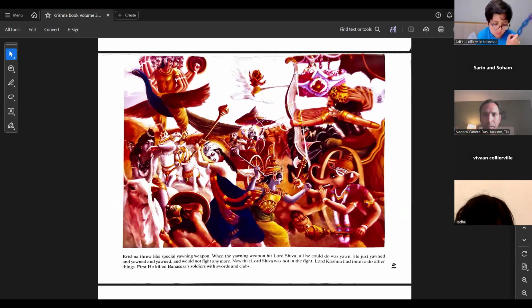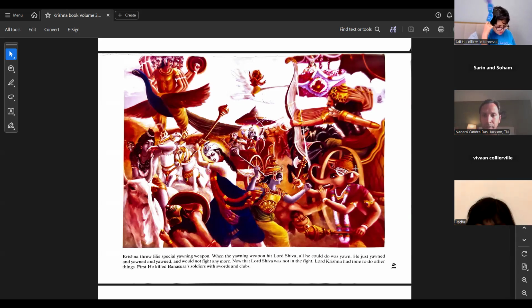Banasura is there with his 1,000 arms and has so many bows and arrows that he's using to fight. Lord Shiva has been hit with the yawning weapon from Lord Krishna, so he can only yawn now. And now that he is yawning, Lord Shiva is out of the fight. Lord Krishna is fighting with Banasura.